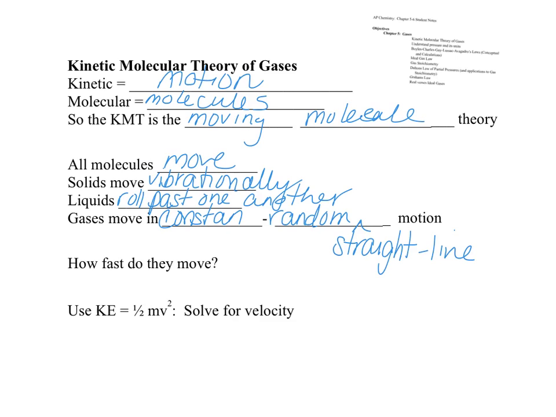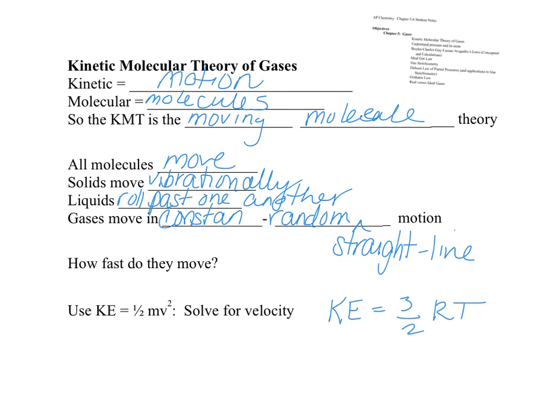Well, if you've taken physics or you're taking physics now, you've probably already used the equation KE equals 1/2 mv squared, and you would solve for velocity. There's also another equation, and that's KE equals 3/2 RT.